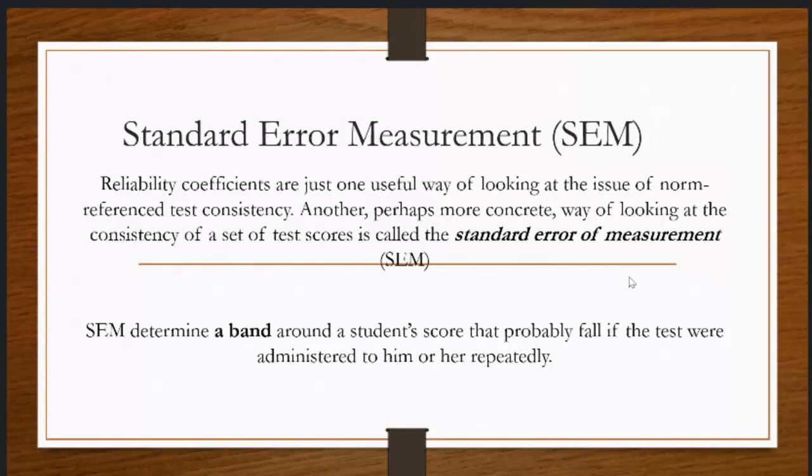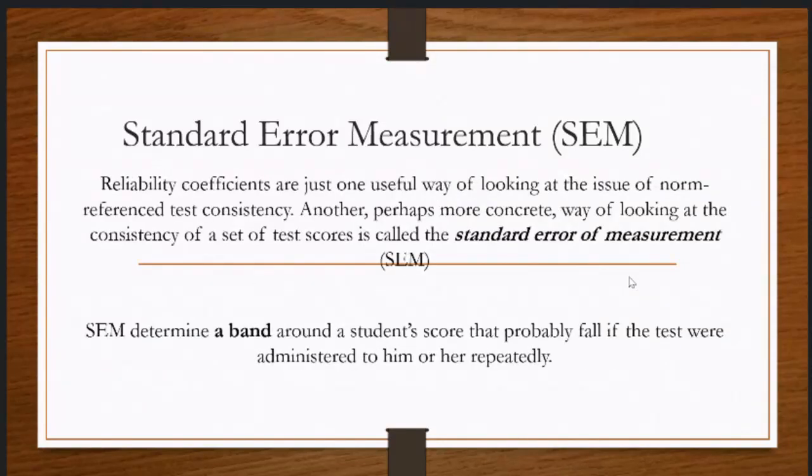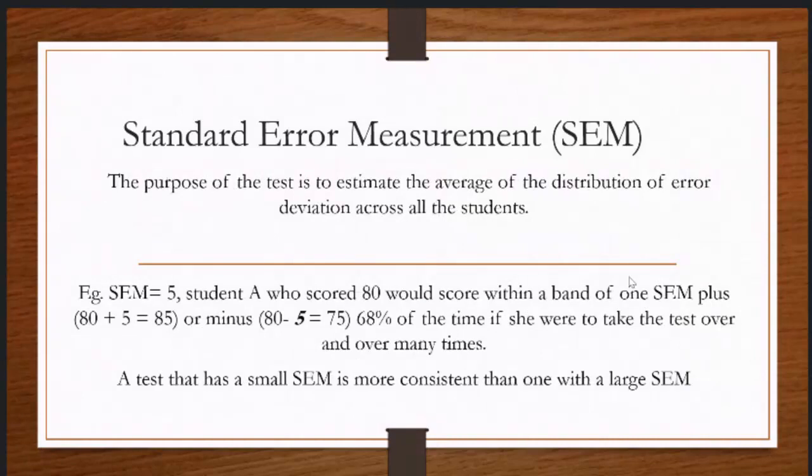This determines a band around a student's score within which the score would probably fall if the test were administered to him or her repeatedly. Unlike the other approach, where the result is presented as a percentage, in this method we can see a band for each student.